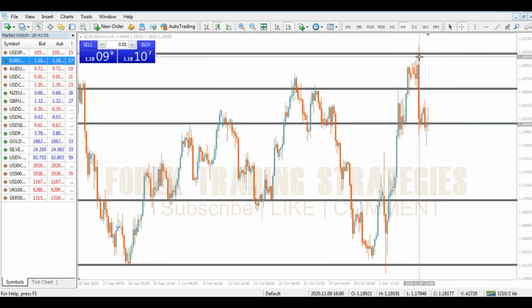Right now, that person, if they are still holding, they are holding around about 100 pips, roughly 100 pips, without doing anything, just selling there and moving away from their computer.